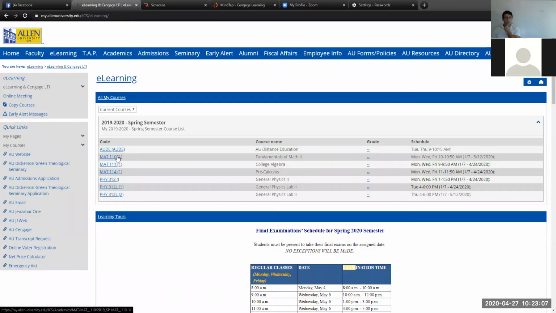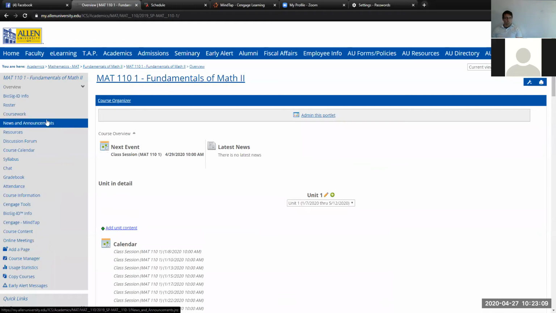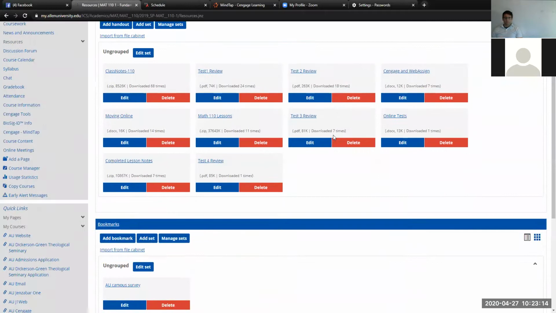So if you go to e-learning, MAT-110, resources, the test review sheets are right here. This has all of my completed notes, and I've added some notations to them. And then these are the uncompleted ones.